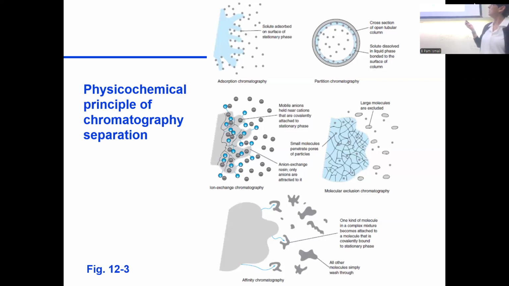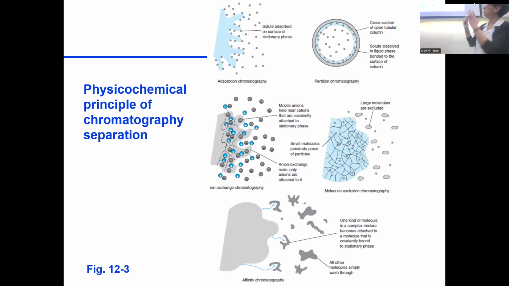So the stationary phase in this case is a solid. So affinity is part of adsorption chromatography. Ion exchange is part of adsorption chromatography, and hydrophobic interaction is also part of adsorption chromatography.